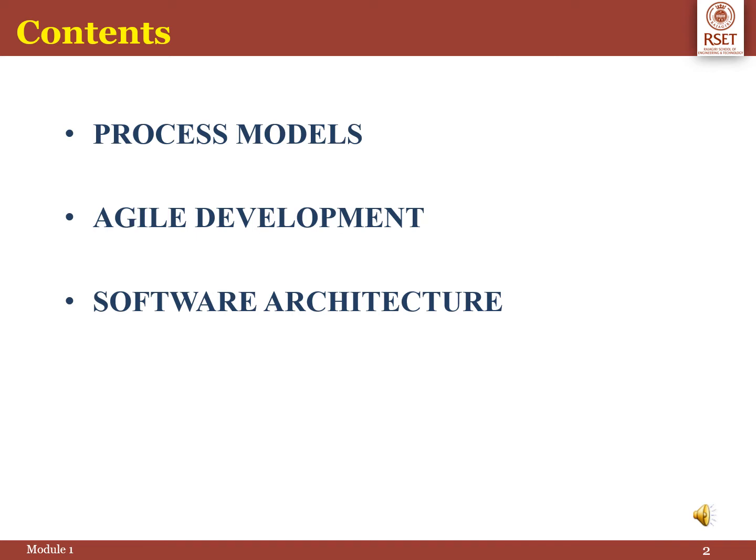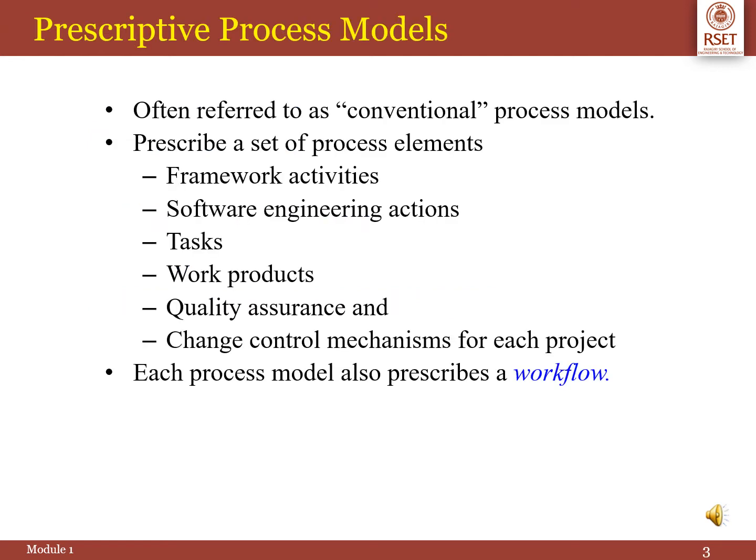In this lecture, we are going to discuss process models, agile development, and the software architecture. Prescriptive process models. A prescriptive process model strives for structure and order in software development. Activities and tasks occur sequentially with defined guidelines for progress.